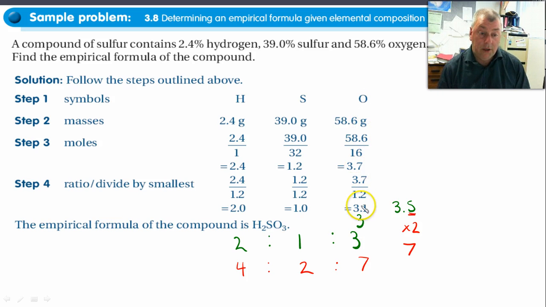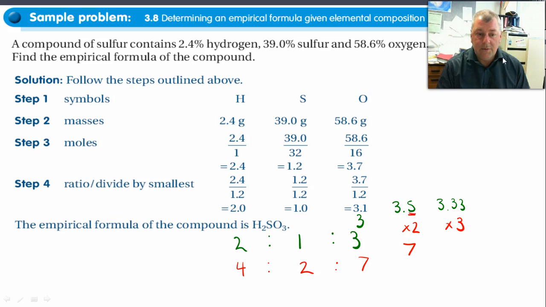That's the whole point of the exercise. You've got to have whole numbers because we can only have whole atoms. Now, you may encounter some questions where you might be given 3.33, and that's telling you you need to use a multiplying factor of 3, because that's a third.